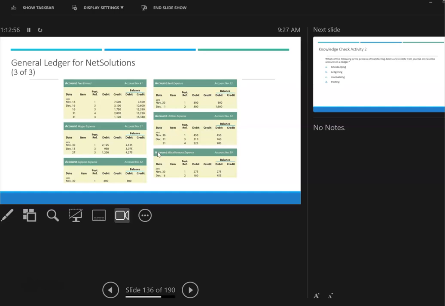Now, guys, in the real world, a software does all this. I must admit, I got out of college in '82, and my first job was with the mortgage company, and I had a big book. I'm not kidding. And I had to go and post this to each account.